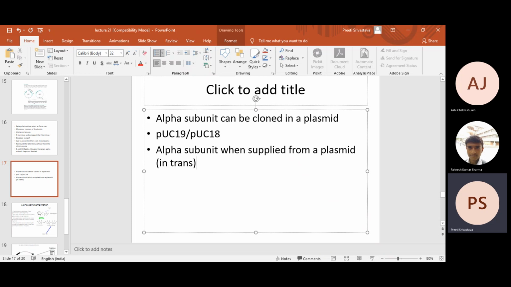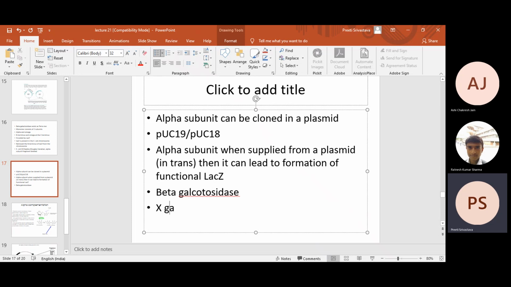So a subunit when supplied from a plasmid in trans can lead to functional LAGZ, and then you can form functional beta galactosidase.